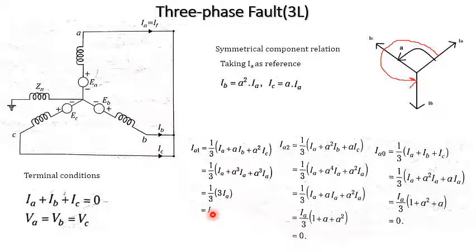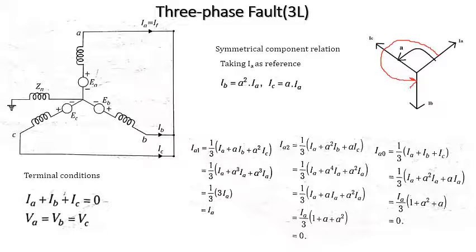From this we understand that the positive sequence component of the current is equal to the phase value of the current. This is the positive sequence value of the current. It is equal to the phase current of IA.